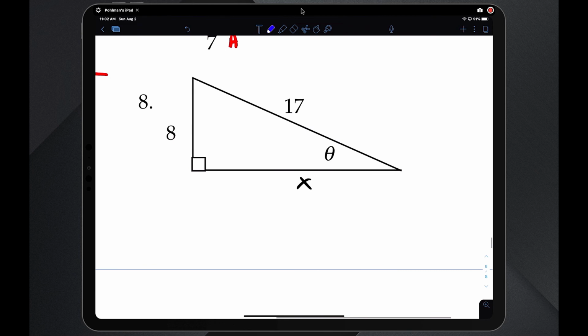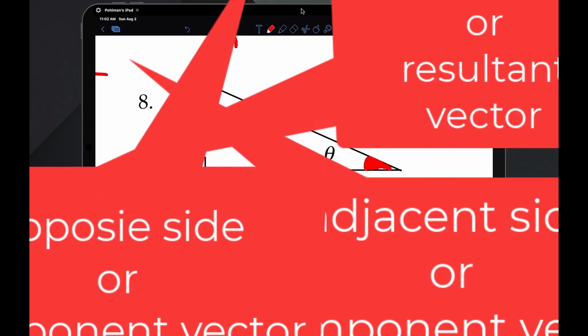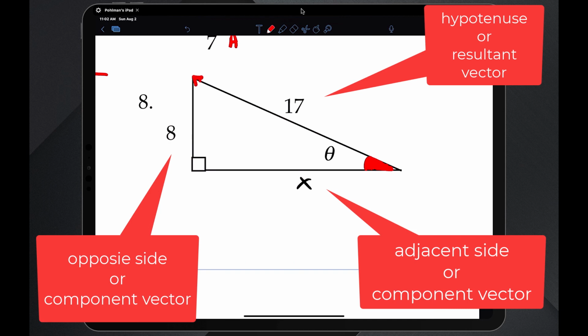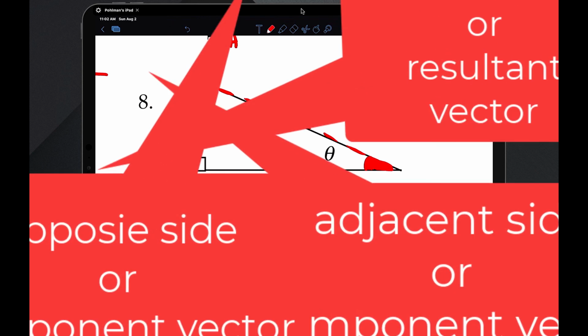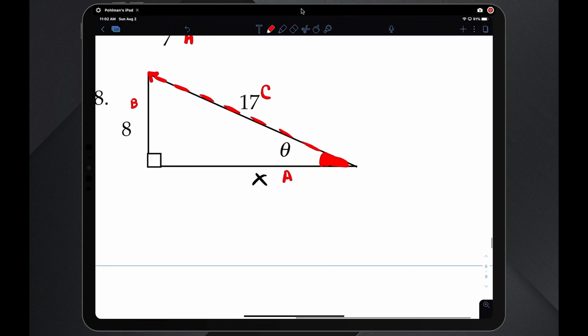Last question. We know the point of origin would be right here. So the resultant vector is the longest side. That's going to be your hypotenuse, C. X would be side A, the adjacent side, and 8 would be the opposite side. We'll call that B. We're trying to find side A, or the adjacent side to this. So we'll have A equals the square root of 17 squared minus 8 squared.